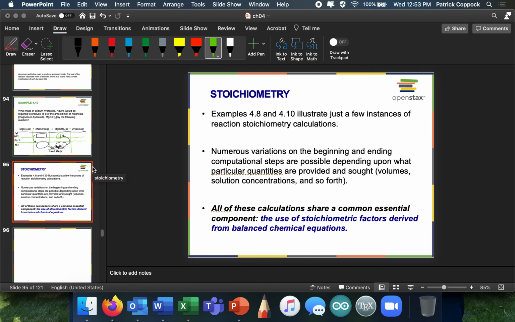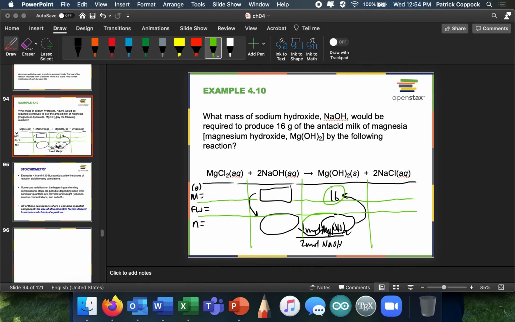Examples 4.8 and 4.10 in your book illustrate how we're going to do these stoichiometric calculations and why we need them. Numerous variations at the beginning and ending computational steps are possible depending on what particular quantities we want, right? And all of these calculations share a common essential component, that is the use of stoichiometric factors derived from balanced chemical equations. So let me go back here. This was the stoichiometric factor I had.